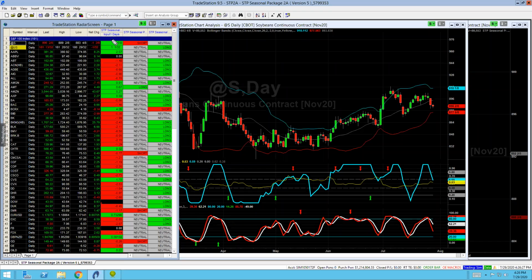So this is going to tell you the average seasonal move. Let me change the color here. So the average seasonal move over the next 20 days.